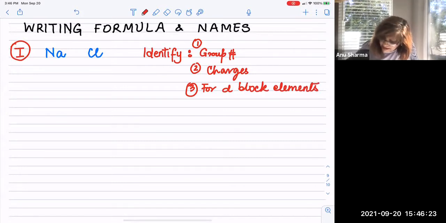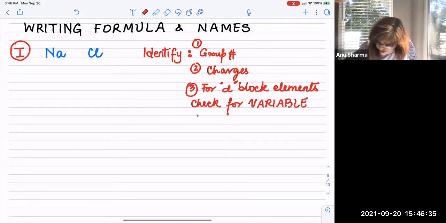For D block elements, check for variable charges.